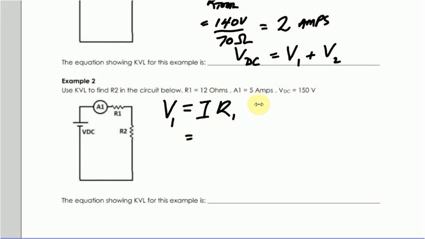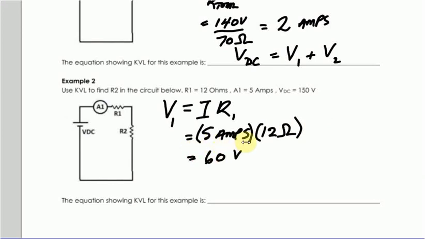Now I could put I1, but really the current's the same throughout, so I'll just put I. So I know that that's 5 amps, and I know that the resistance is 12 ohms. So multiplying those together, 5 times 12 gives you 60, and I know that that's 60 volts. So across V1, this is a 60 volt drop.